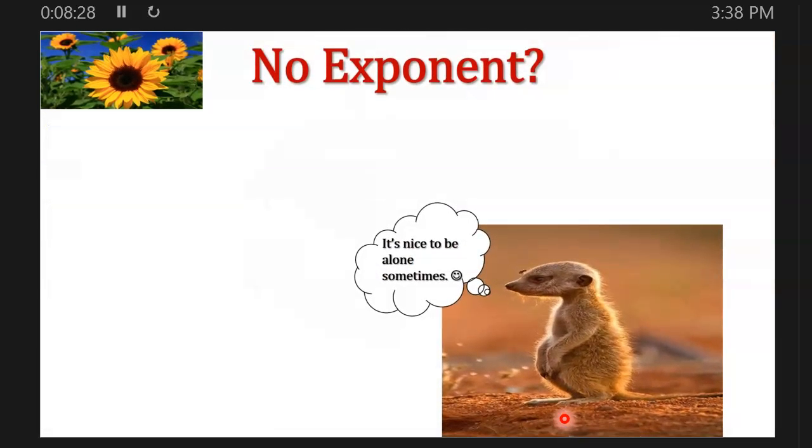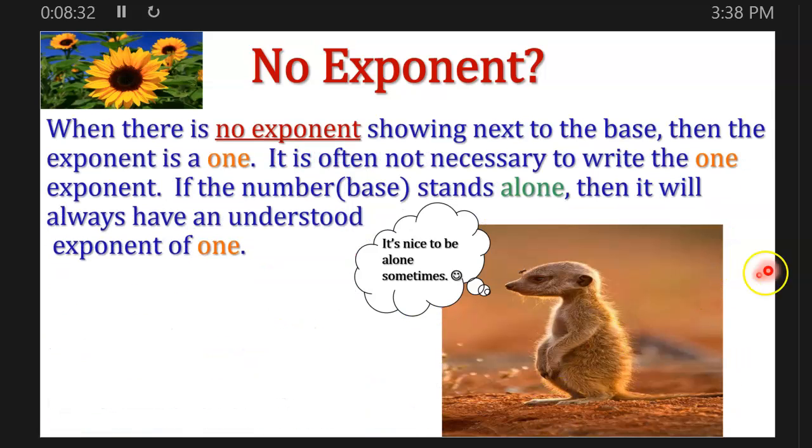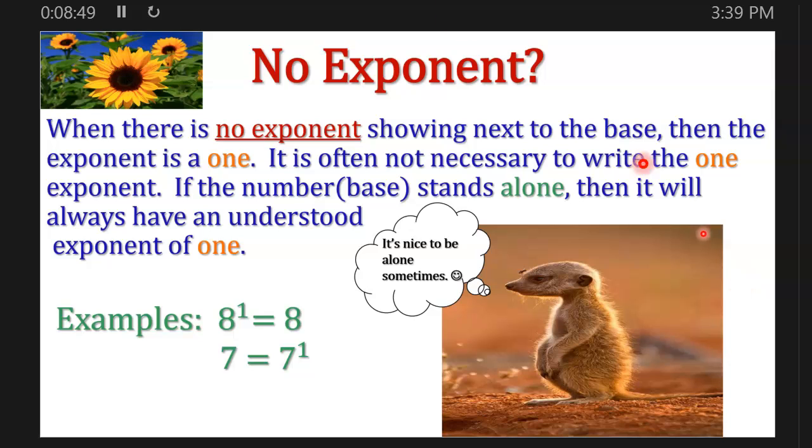All right, so what do we do when there's no exponent? When there is no exponent showing next to the base, then the exponent is a 1. It is often not necessary to write the 1 exponent. If the number or the base stands alone, then it will have an understood exponent of 1. So let's look at some examples here. 8 to the power of 1 is the same as just 8. Now we don't have to write this 1 here.